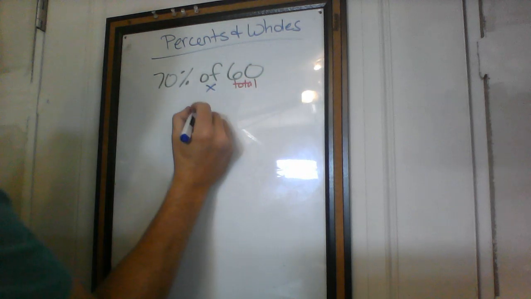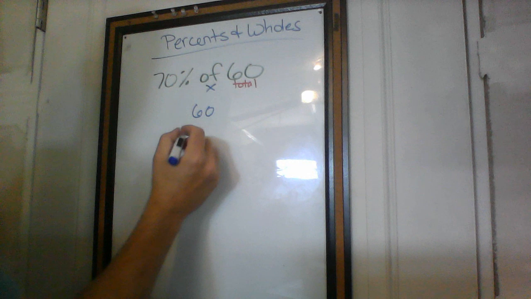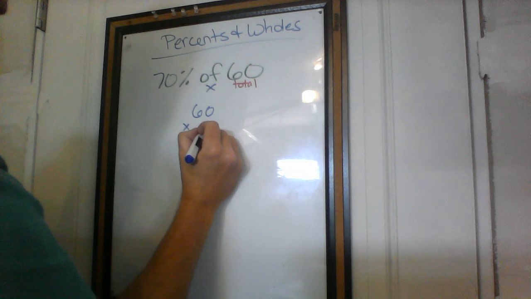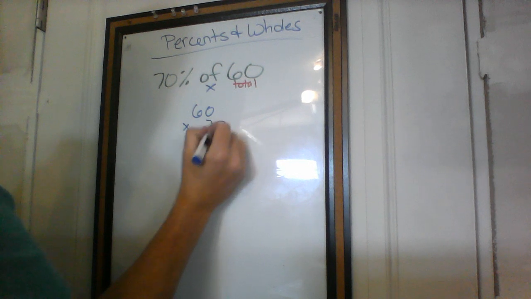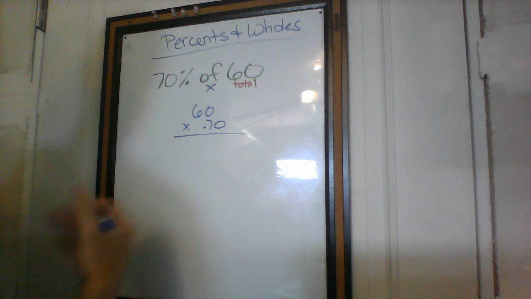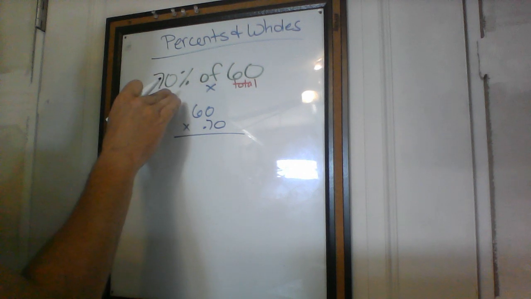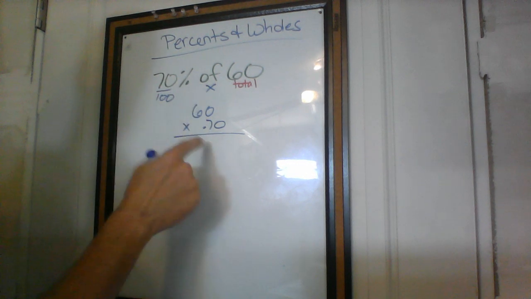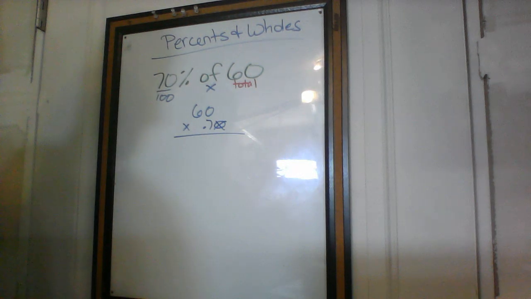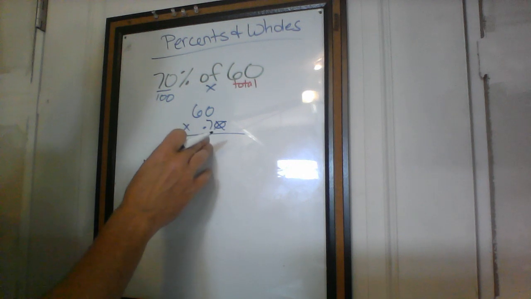So we're going to have 60, and I'm going to make this just that much easier. I'm going to multiply. We're taking our 70%, changing it to a decimal, 70 hundredths. I'm going to reduce that down, so we got 7 tenths.